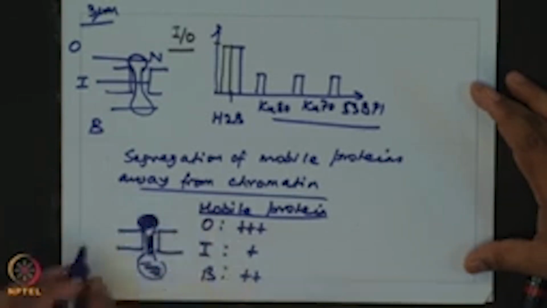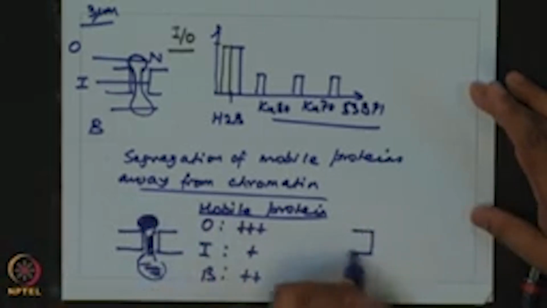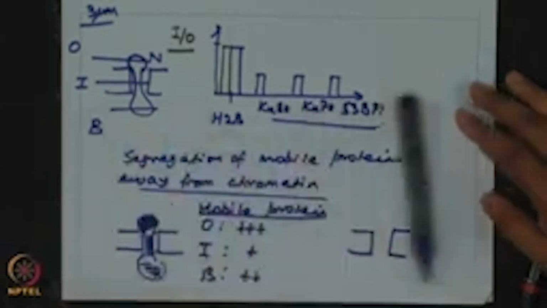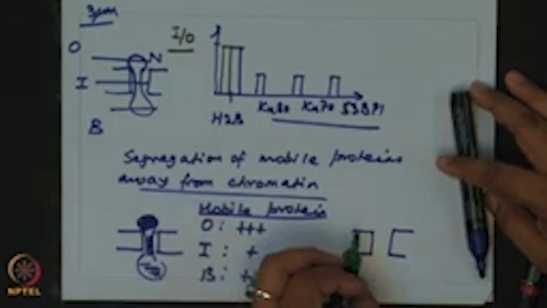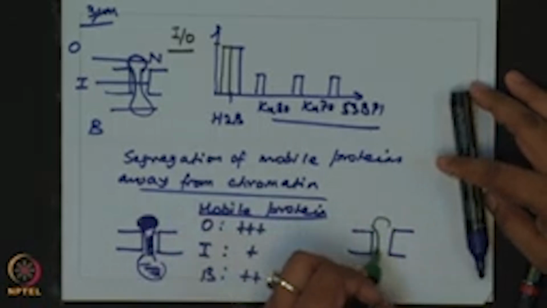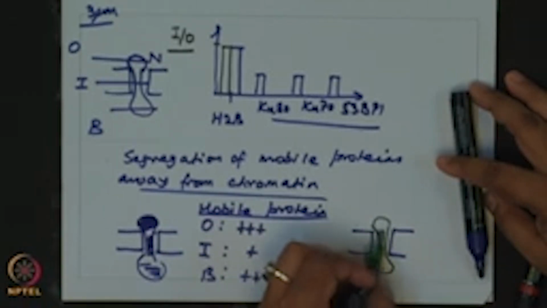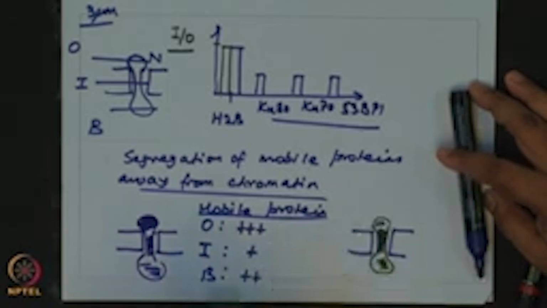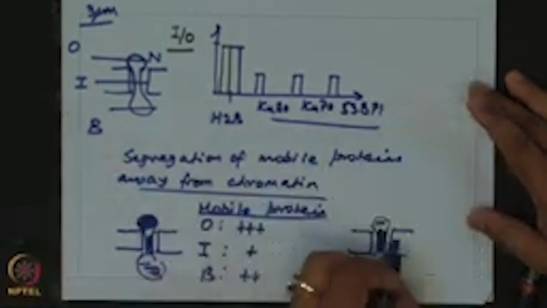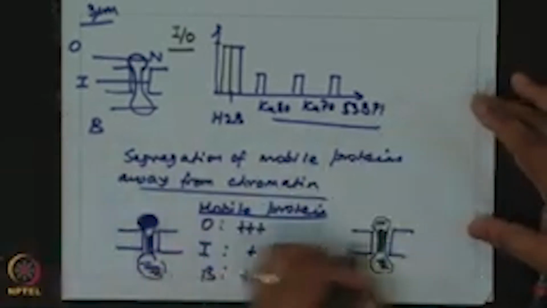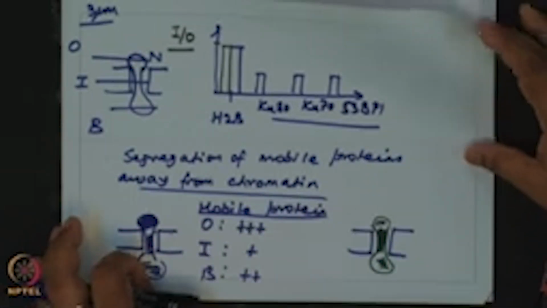Okay. So, versus if you do the same thing for the DNA, the DNA exhibited the reverse. DNA exhibits maximum intensity inside the pore. Okay.